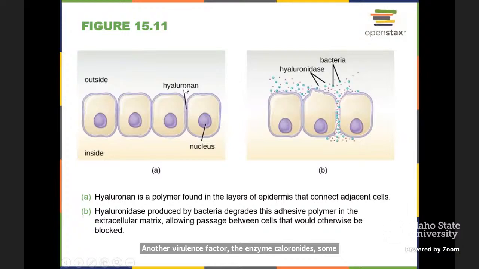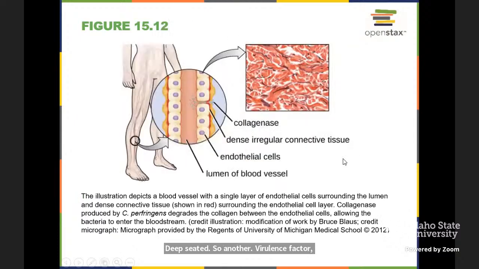We've got a normal situation in our first frame, and then the bacteria harboring this enzyme break down the glue, the extracellular matrix that helps to hold the individual cells together, allowing the bacteria opportunities to move deeper into the tissues to make these infections more deep-seated. So another virulence factor, allowing these cells to get in and gain entry.